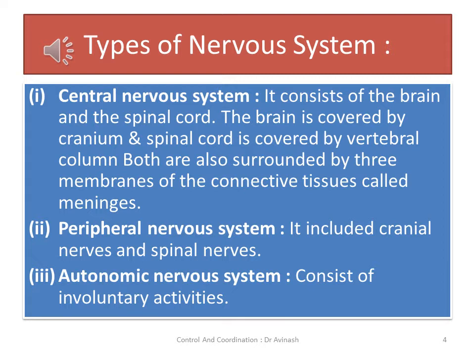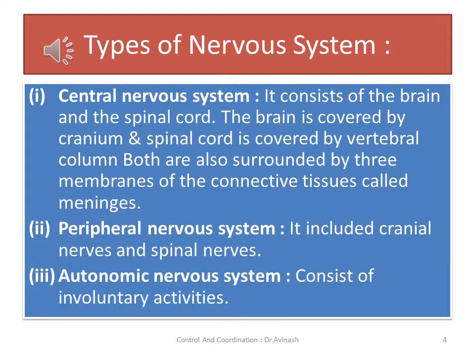As far as the peripheral nervous system is concerned, it includes cranial nerves and spinal nerves. The third type is the autonomic or autonomous nervous system. This is meant for involuntary activities, the activities which happen automatically.